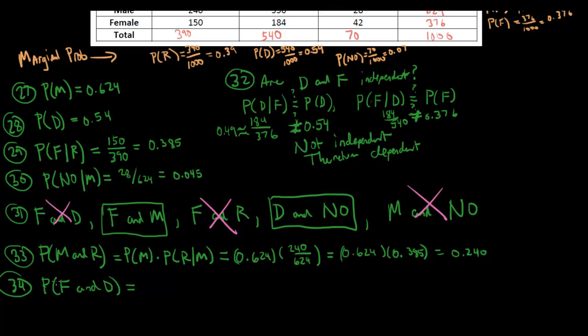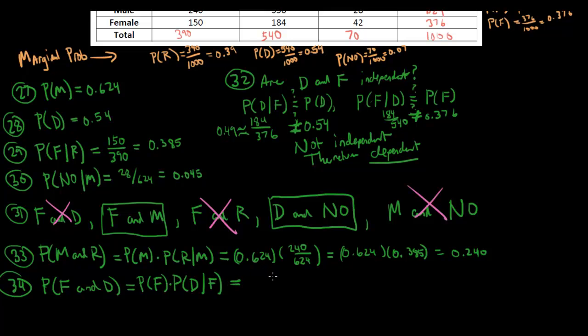We have already checked whether F and D are independent. We found, according to number 32, that Democrat and female are not independent. They're dependent, so we have to use this method, which says this is equal to the probability of female times the probability of Democrat given female.